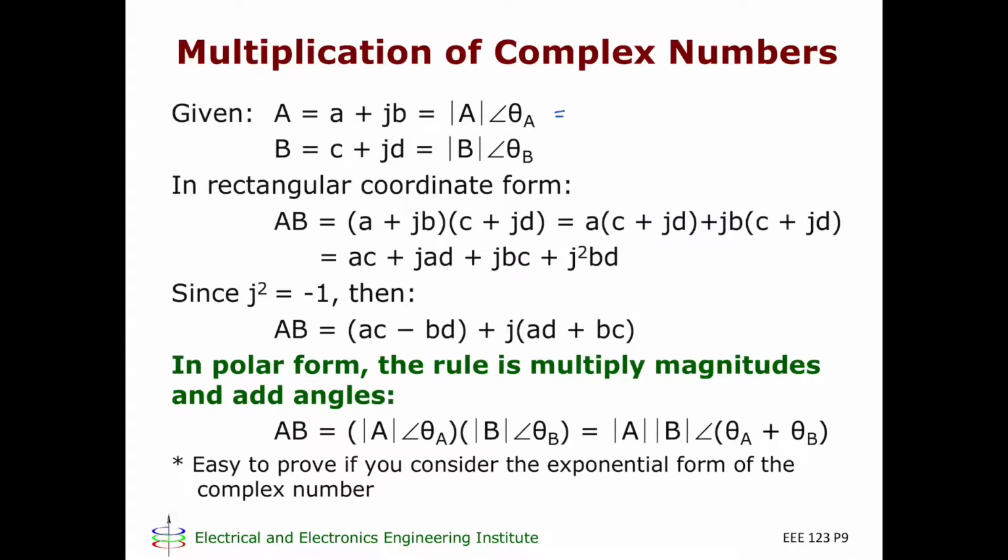A at an angle theta of A in exponential form is A e to the j theta of A. And B is B e to the j theta of B. So if I multiply A and B, that would give me magnitude of A, magnitude of B, e to the j, theta of A plus theta of B, which in polar form would be exactly the same as this.